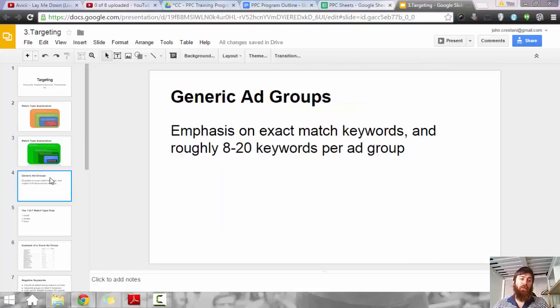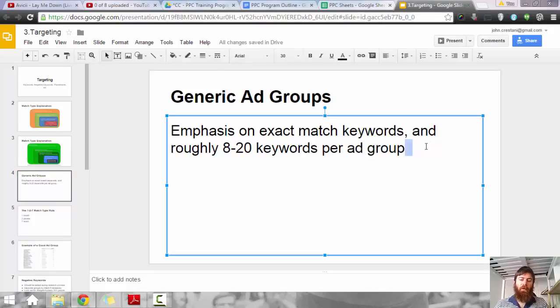Generic ad groups. This is for the generic campaign. If you guys don't remember, there are 6 campaigns I recommend: generic, brand, search retargeting, competitor, display, and then a remarketing campaign. Generic, competitor, and display are going to be the big daddies, really pushing a lot of new volume and taking your business to the next level, whereas brand and remarketing will capture people who have already heard about your business, which is very important.